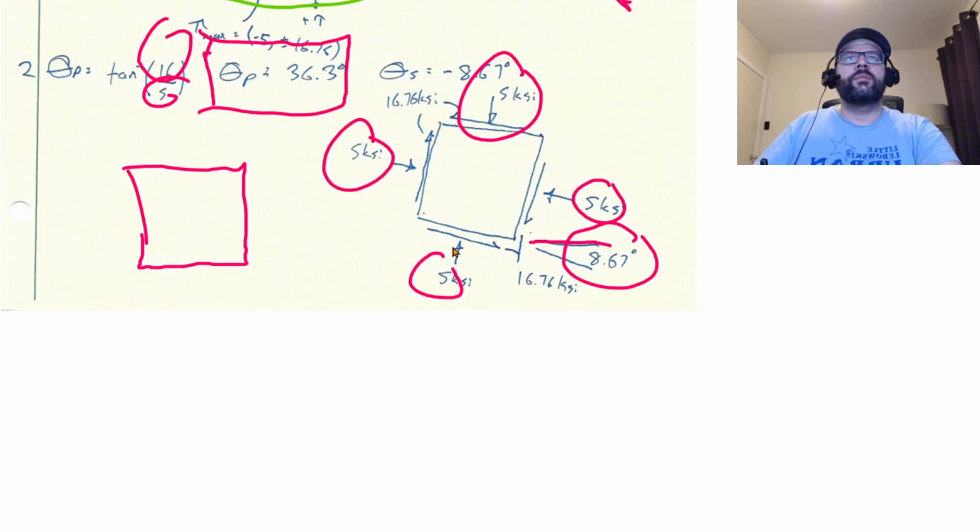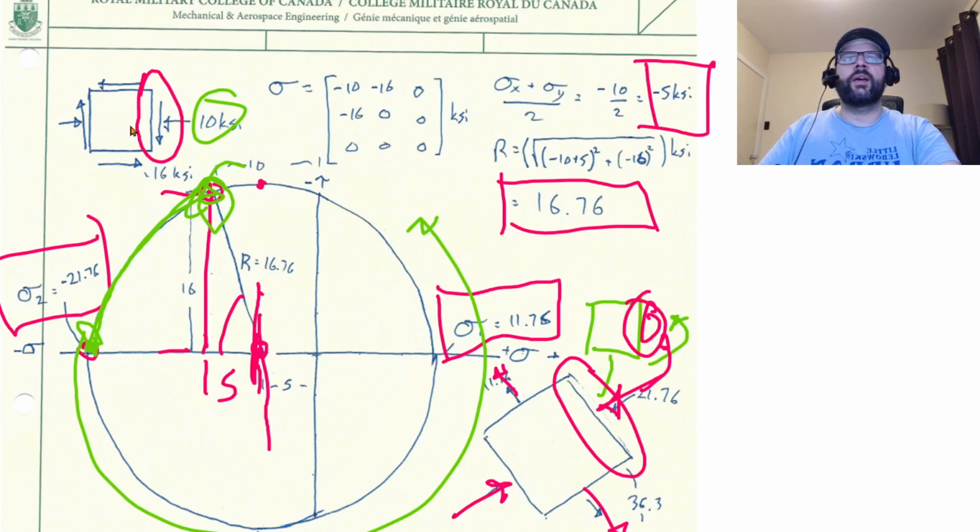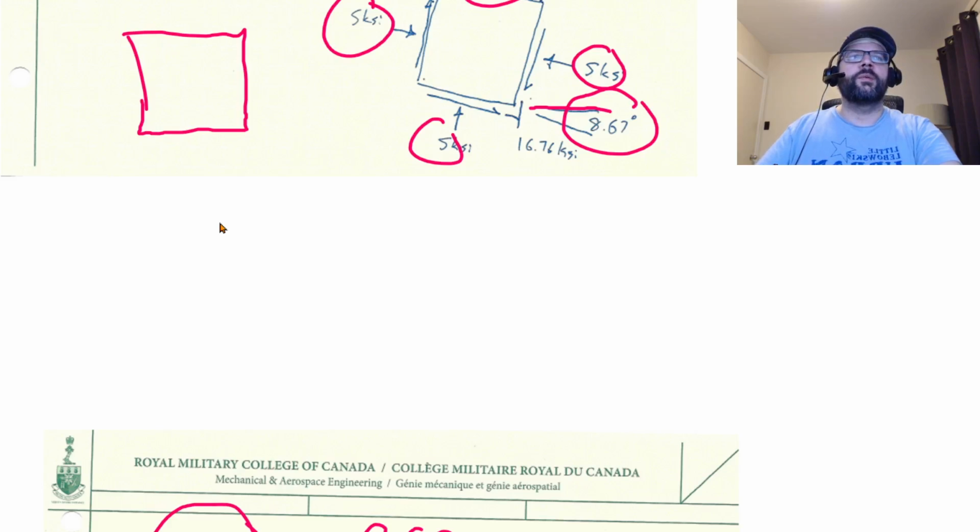And if you want to make sure you got your directionality right, if we started out with the original square, on its positive x face it had a downward 16 ksi. So that started off as downward, and we're rotating a little bit in order to get to where its maximum is.